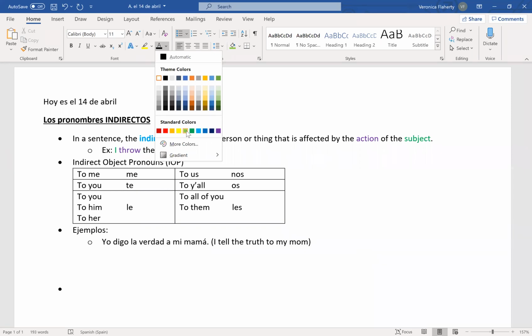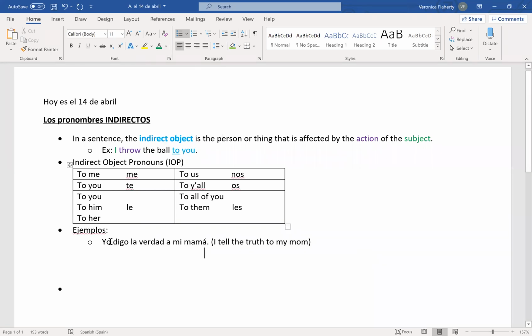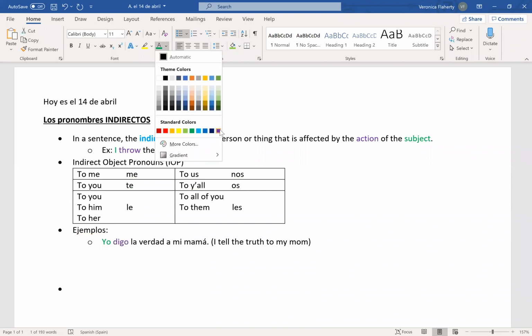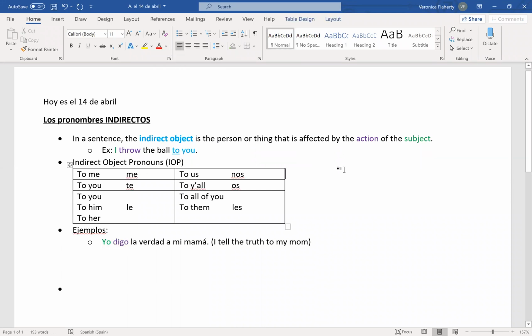And what's the action? Digo. And who is the indirect object? A mi mamá, right? I tell the truth to my mom. La verdad is the direct object, it's what I'm telling, and mi mamá is who I'm telling.